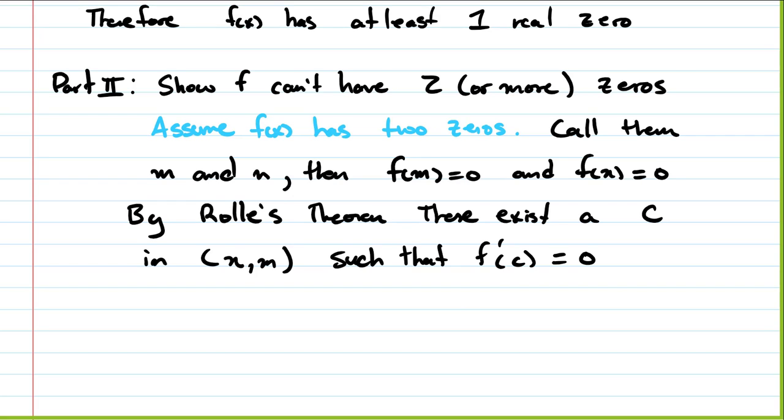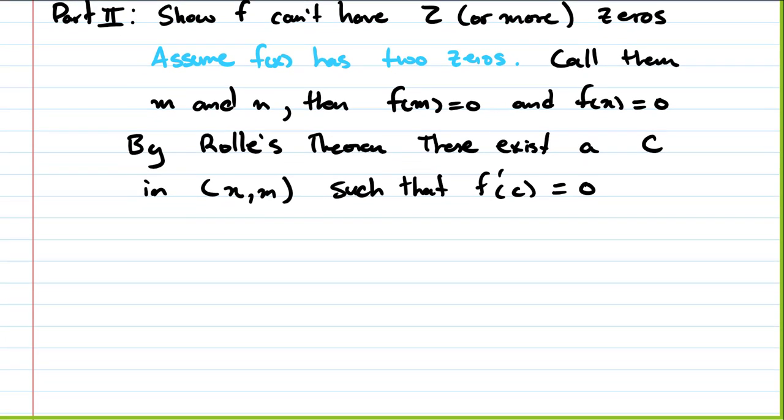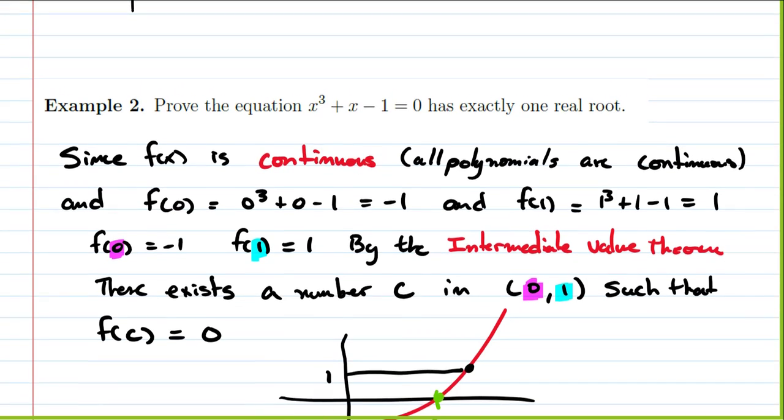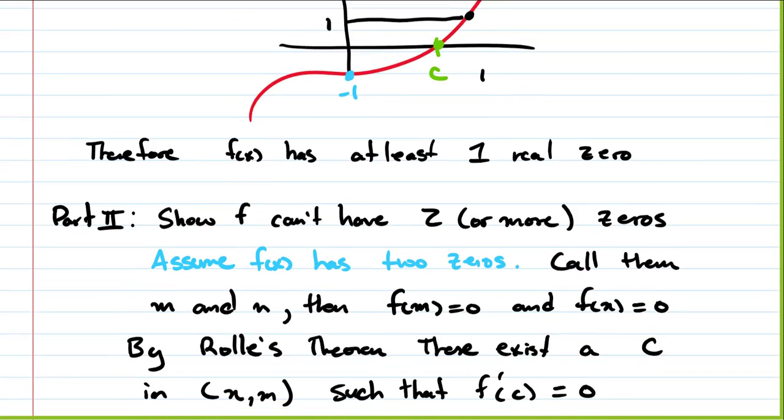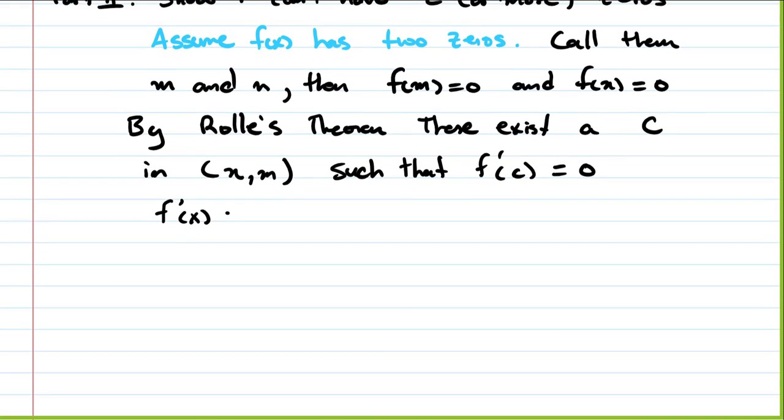So far it doesn't seem like anything too weird is happening. Let's calculate f prime. So f prime in this case, so the derivative of x cubed plus x minus 1 is 3x squared plus 1.